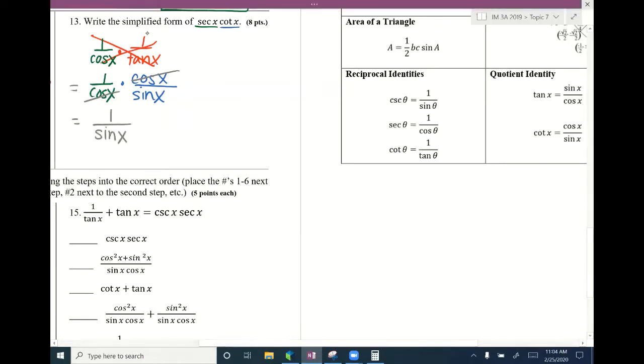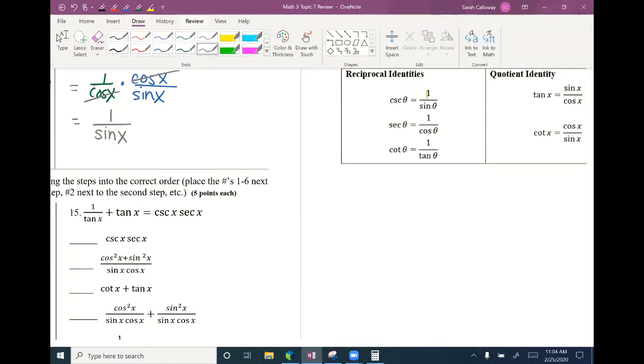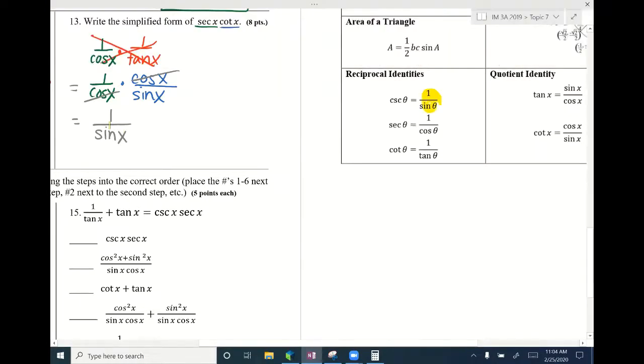And so if I look at the right side of these identities, notice that I have this. So that means that my simplified form of secant times cotangent is actually just cosecant of x.